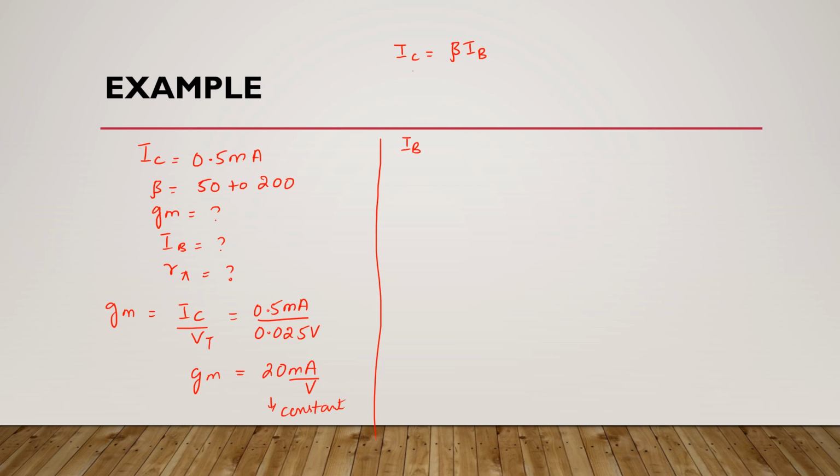It means IB is equal to IC divided by beta. Here this IB is equal to 0.5 milliamperes divided by 50. We get base current 10 microamperes.